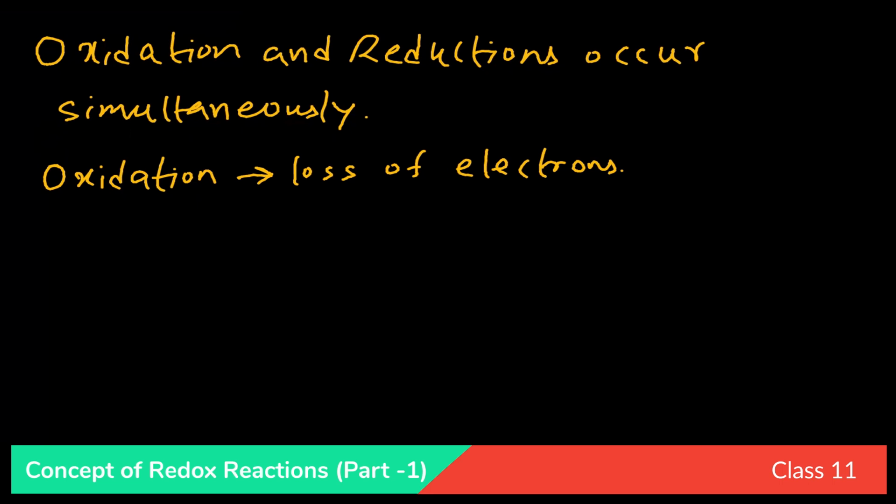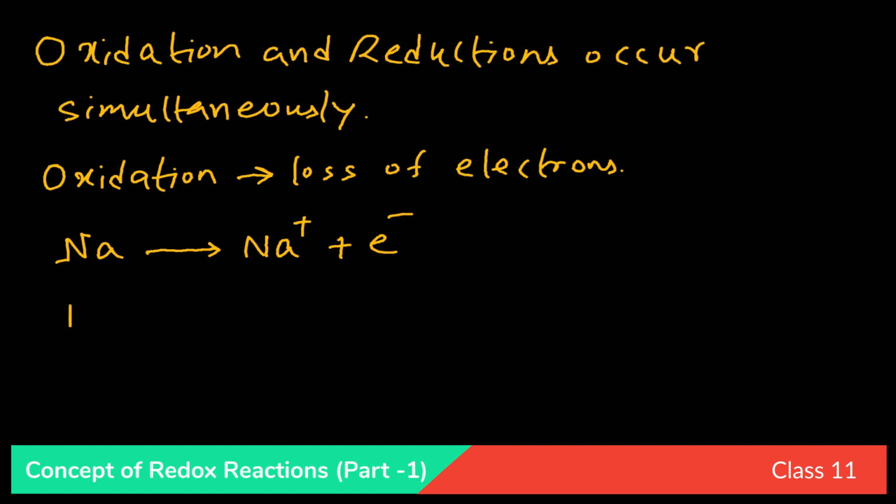Suppose I am considering a sodium atom. Now, when it loses an electron, it will form Na plus, that is sodium ion, and release one electron. So this we can call an oxidation reaction.